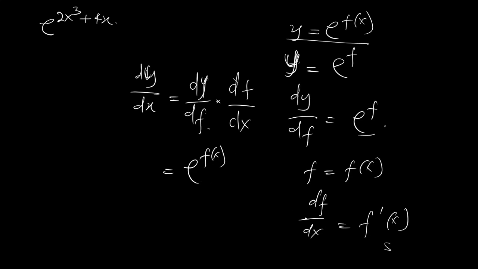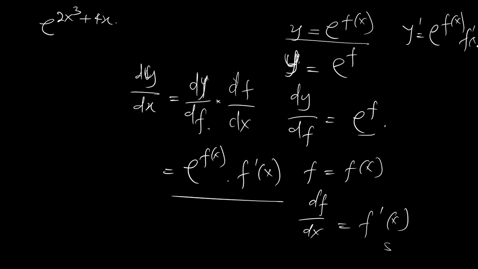Then the derivative of f with respect to x is f prime of x. So from here, that means if you have y equal to this, y prime will be equal to e to the power f of x times f prime.